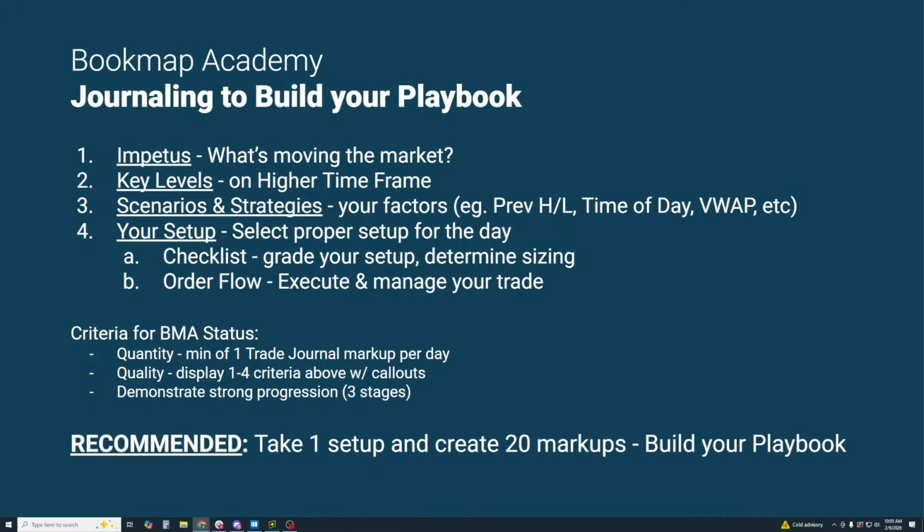The second thing here is our higher time frame key levels. We went over this in detail on Friday, and we'll do it again here today. I think it started to resonate with some people, at least some of the feedback I got. And then number 3, develop strategies and scenarios. Now, these aren't setups. It's more about understanding what's going on with number 1 and number 2 here.